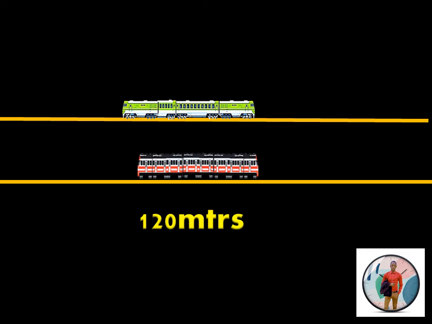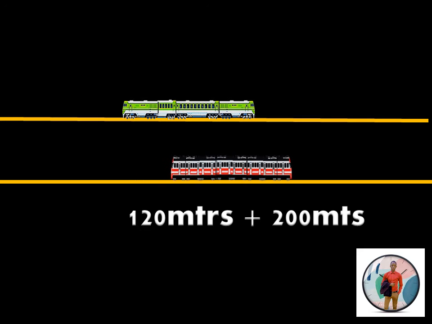So the red train has to cover the length of the green train first before it completely passes it.